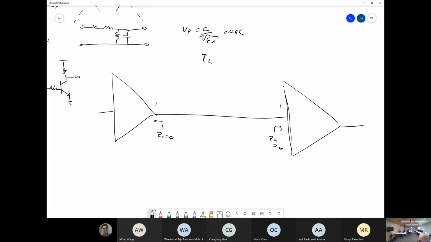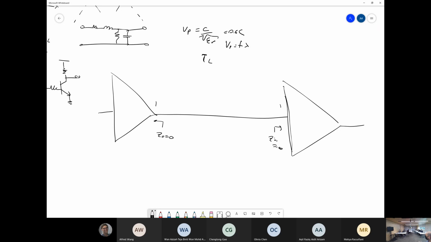So you'll have VP equals F lambda, right? Say for example you want to know the maximum frequency your line can handle, or the maximum rise time. You'd have VP, and you'd have your wavelength.